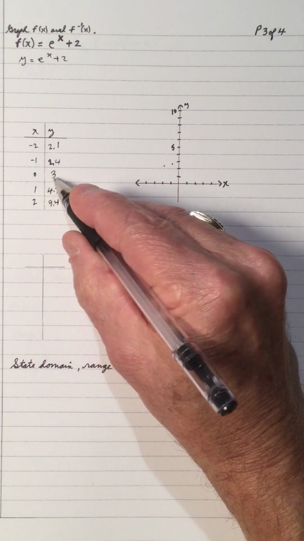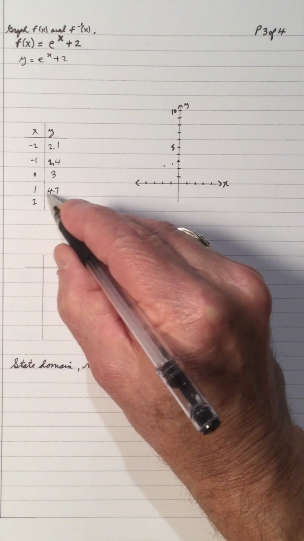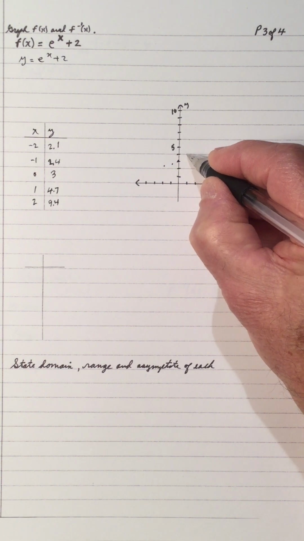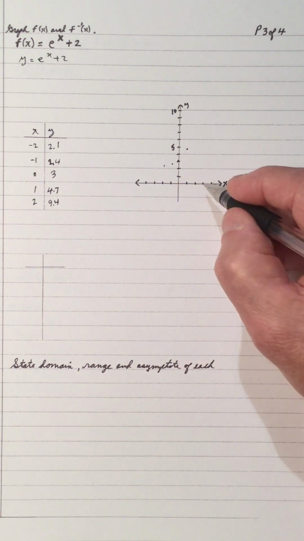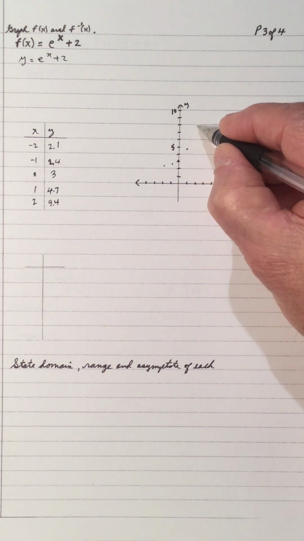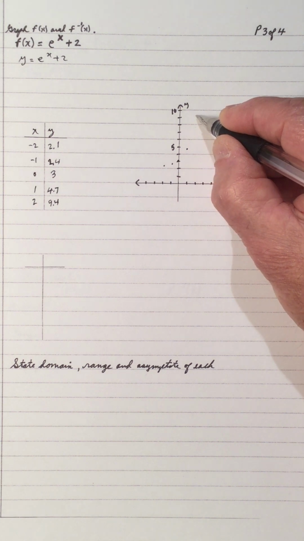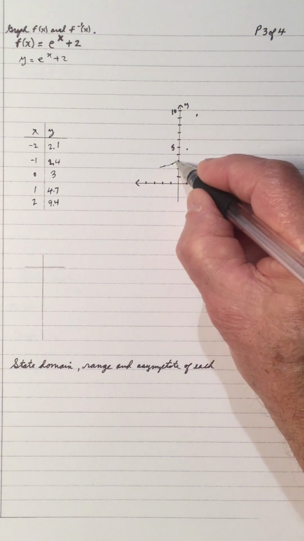When x is 0, y is 3. When x is 1, y is 4.7, let's say it's right there. When x is 2, we get 9.4, roughly 9.5, and we'll say it's about right there. Again, these are only approximations.